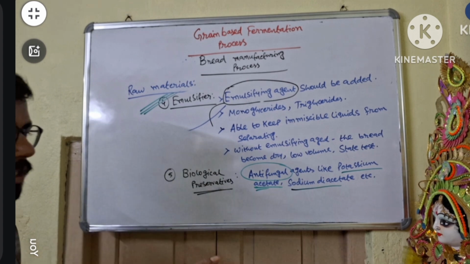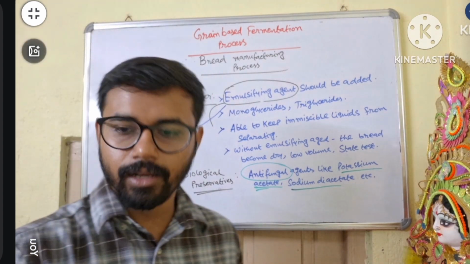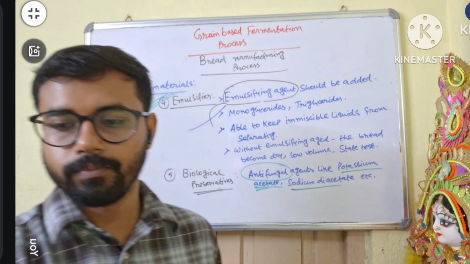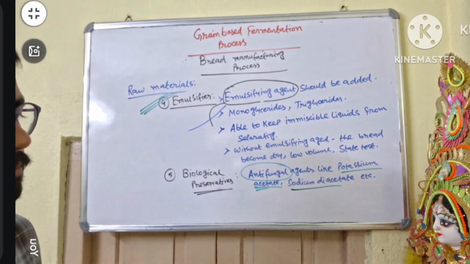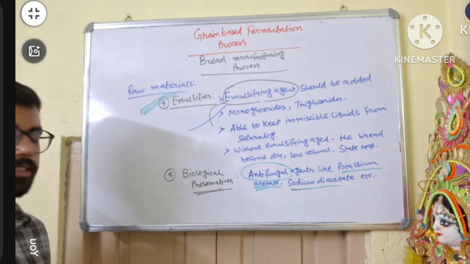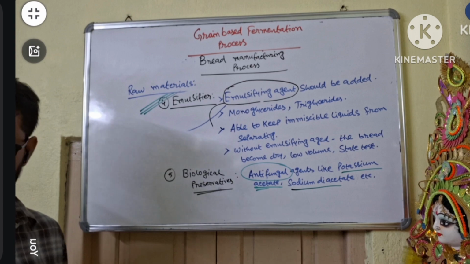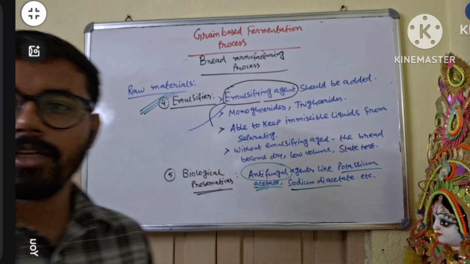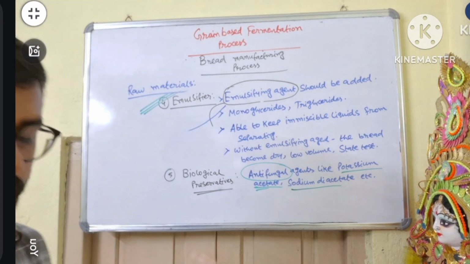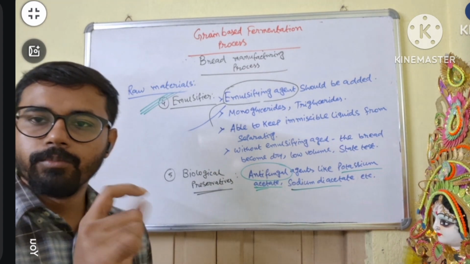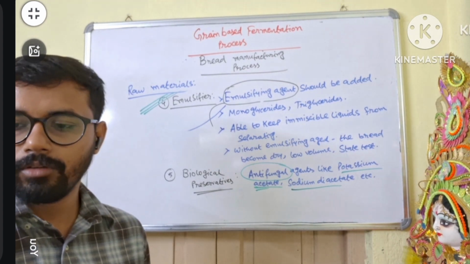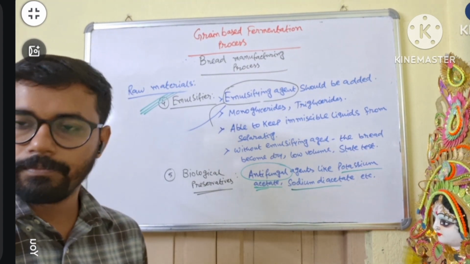And the most prominent microbes that grow inside the bread are fungus and mold. These two agents are highly spoilage creators inside the bread. Yes or no? You can also see this with bread at home. Some molds grow over the spoiled bread.